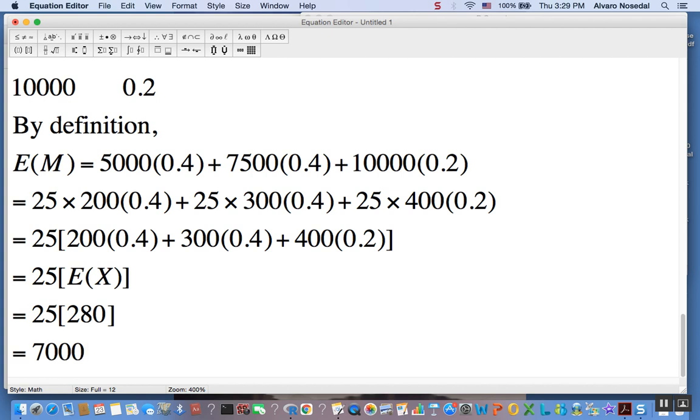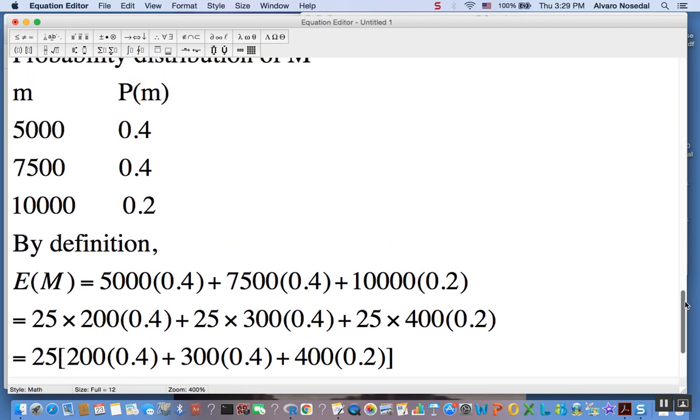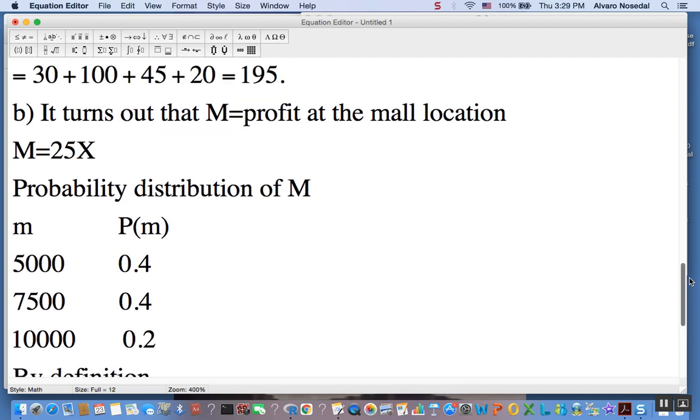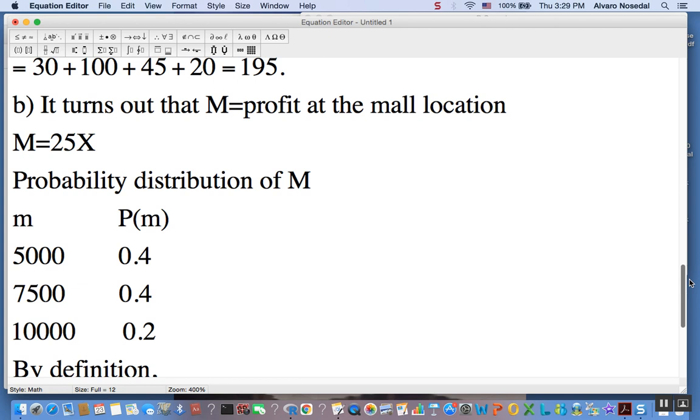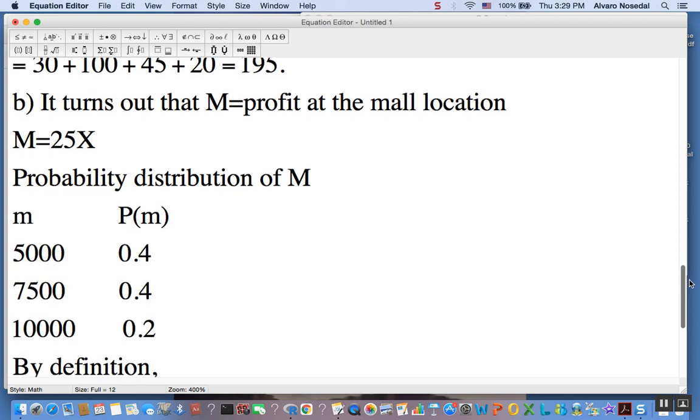So, anyway, now that you have seen this, let me tell you what would be the profit at the downtown location, right? We're going to define something in a similar way. Now we're going to be defining a new random variable.